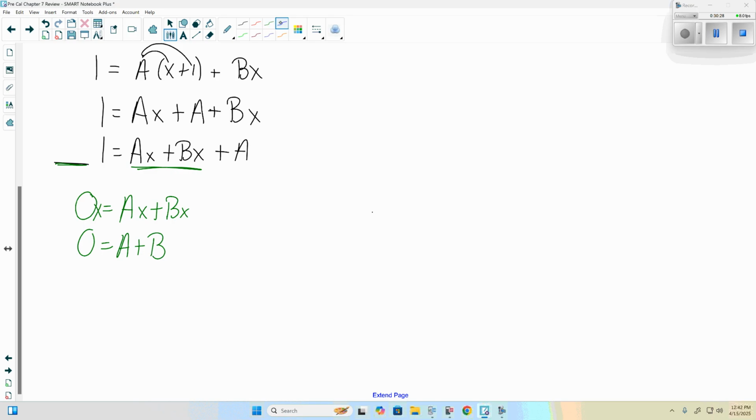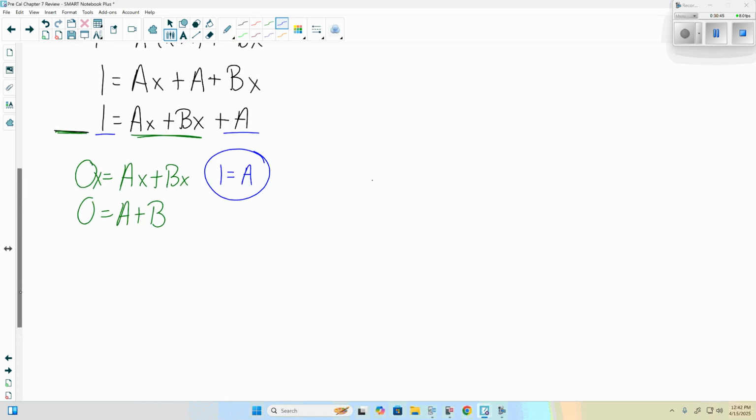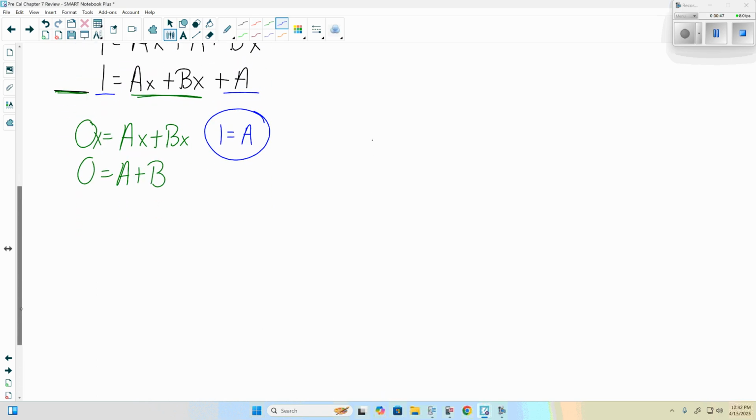Now the other term we had was A, our letters without a variable, and they match up to 1. So that tells us 1 is equal to A, or A is 1. And whenever we get one of these letters by itself equal to a number, it tells us the value of A is 1.